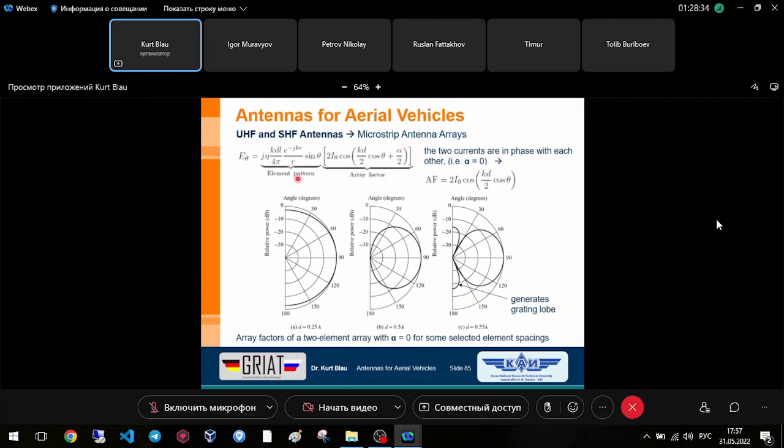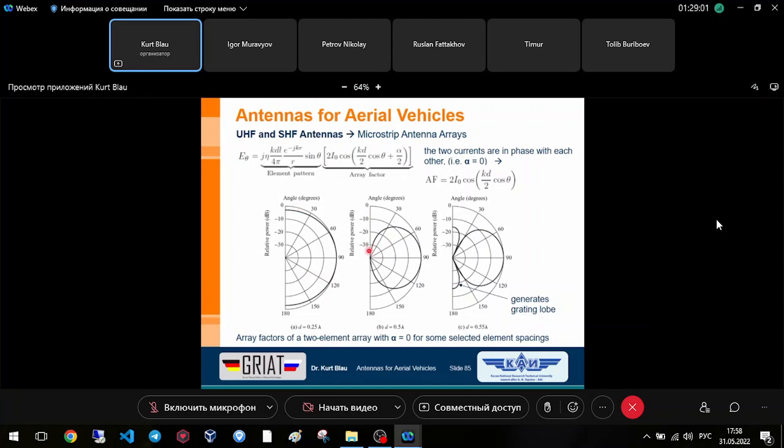What happens if the distance between the Hertzian dipoles is a fourth wavelength only? Then it looks a little bit gain-like. It's not completely round. Then, if we increase the distance between the two dipoles to a half wavelength, you can see here we have a first 0. Here we have no 0.